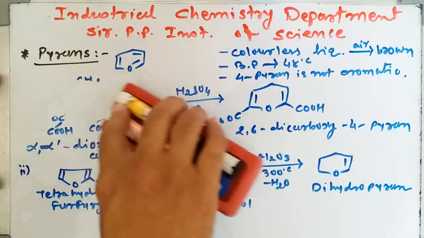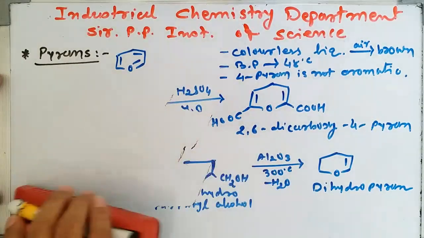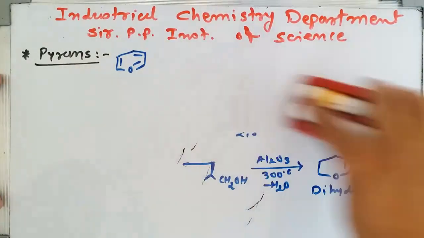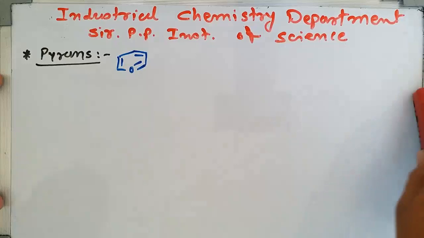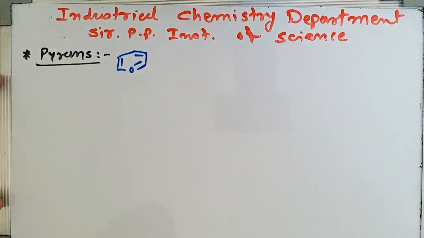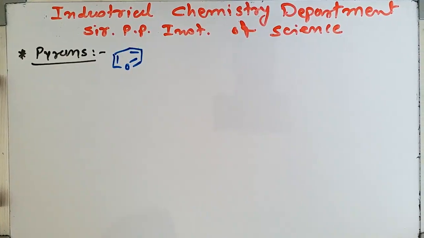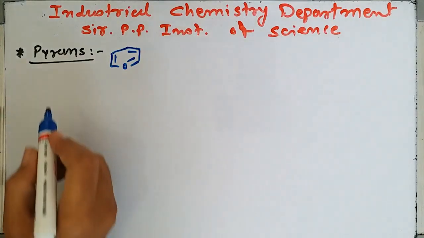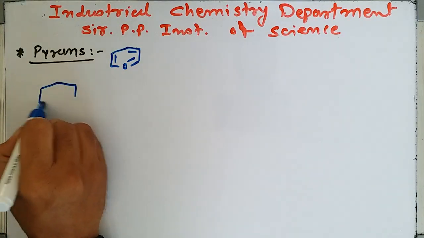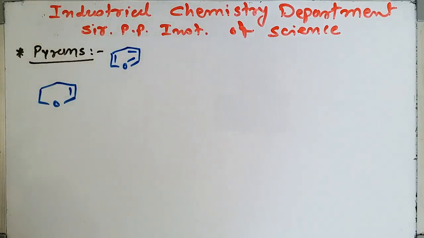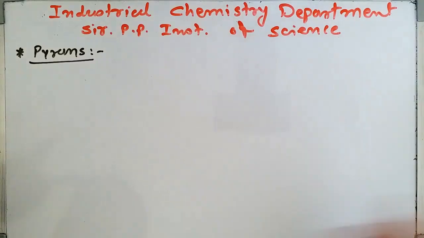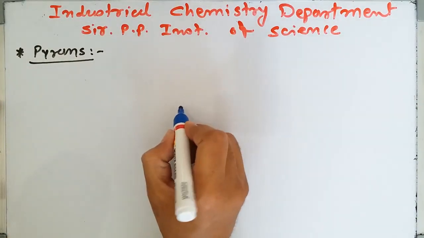Now we see more, going from dihydropyran to tetrahydropyran. So we discuss dihydropyran. I write down the structure of dihydropyran in the middle, so we discuss more reactions with small space.